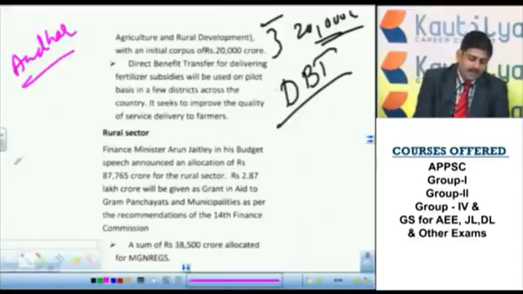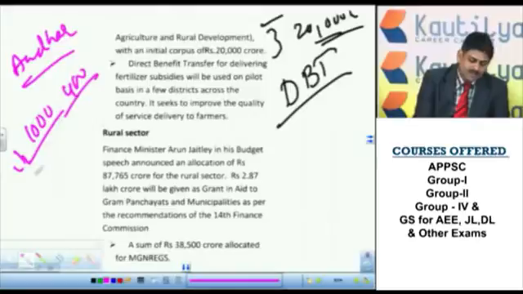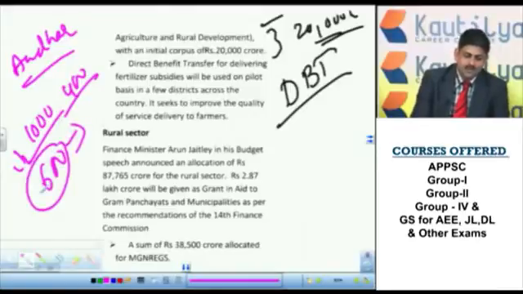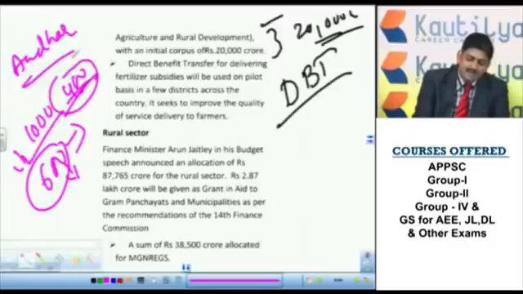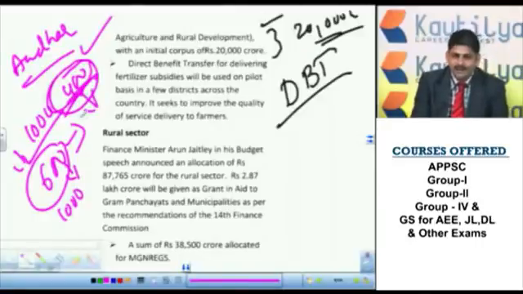That means earlier, suppose a cylinder costs 1000 rupees and the Government of India gives 400 rupees subsidy, every household used to pay only 600 rupees. But right now, even though the government declared the same subsidy, every household has to pay 1000 rupees, and the 400 rupees will be credited into their bank account directly. That is direct benefit transfer.